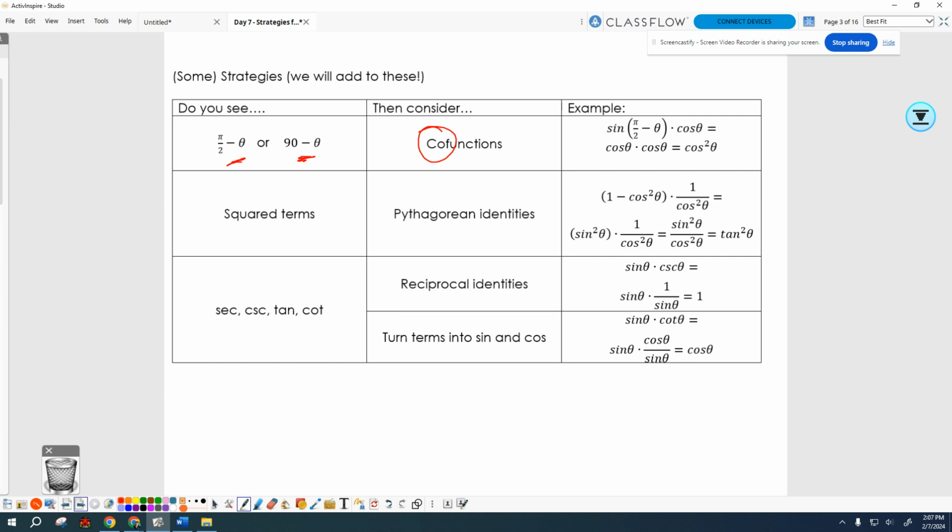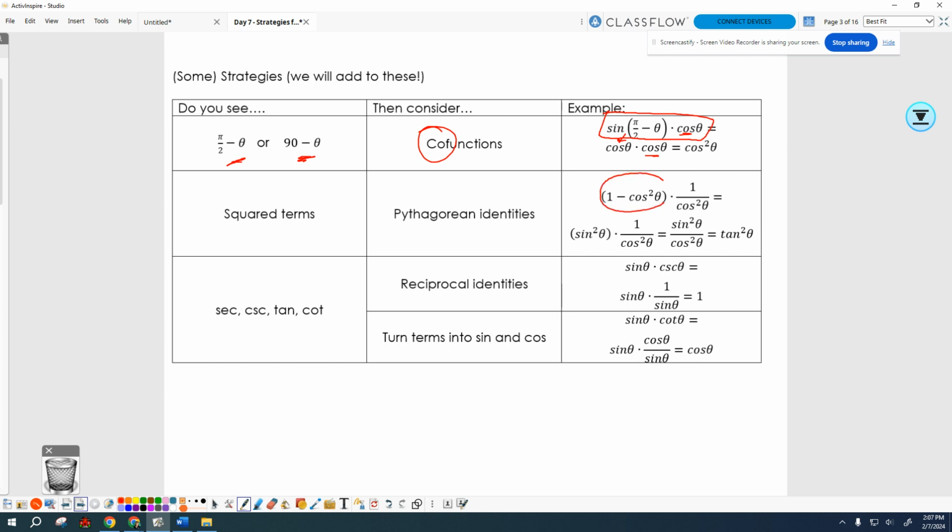Pythagorean identities, we just worked with those. We might have to squish and change them around to do a proof. So here is an example. If we were trying to simplify this, sine of pi over 2 minus theta is cosine theta. This multiplied by cosine is still there, so cosine times cosine is cosine squared.